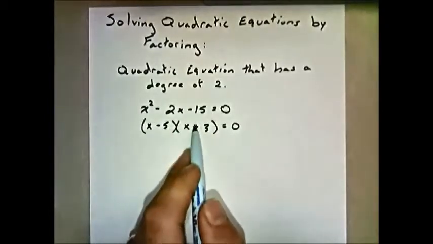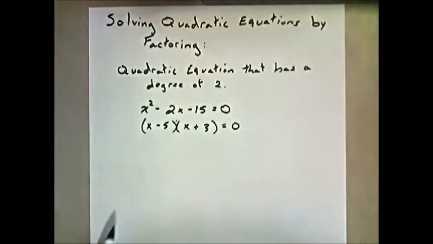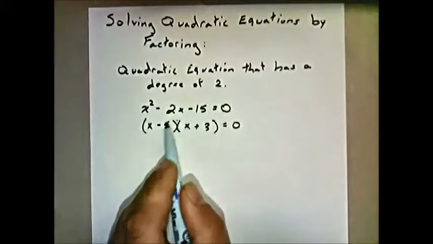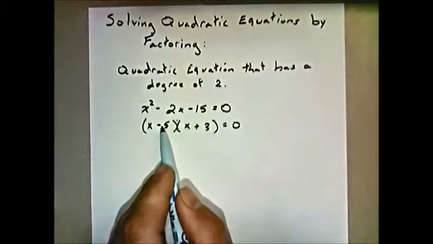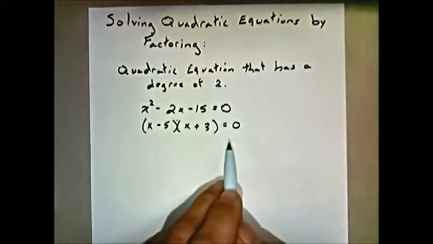If I have two things being multiplied together, in this case there is a multiplication symbol here, we just don't show it. If these two things are multiplied together to give us 0, then we know that one or both of them have to be 0.